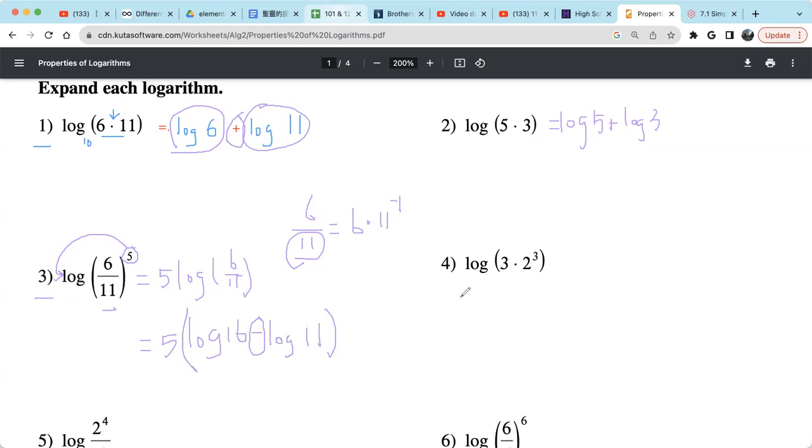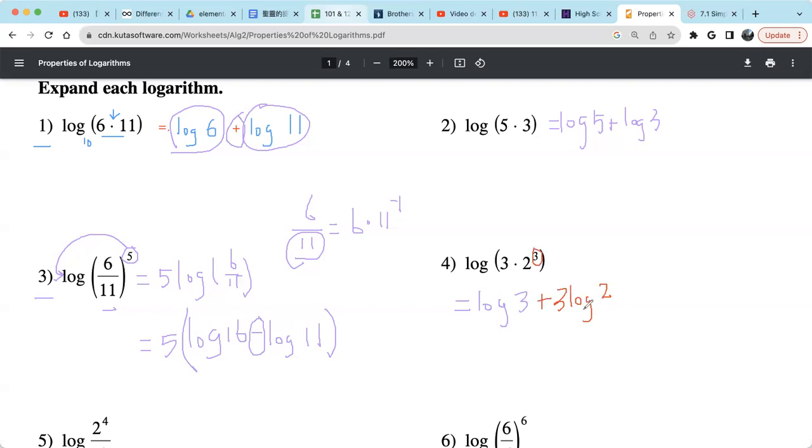So let's see this one, number 4. First, we see a product, right? Then we want to split into 2 logs. So we have log 3. I'm going to change to the red color, more obvious. Plus 3 log 2, because 2 has exponent 3.